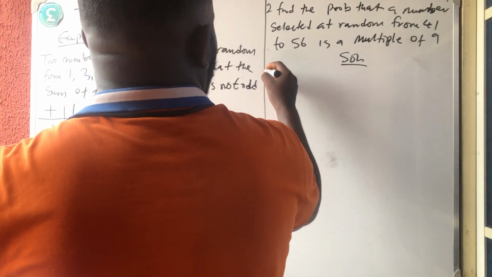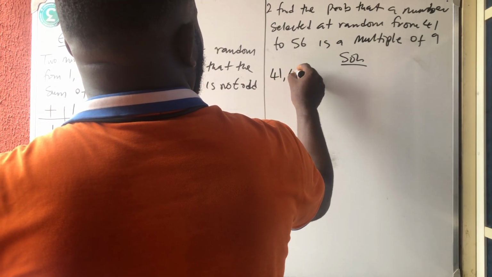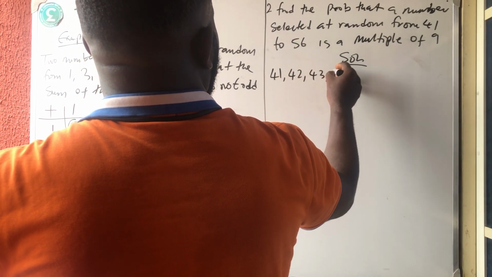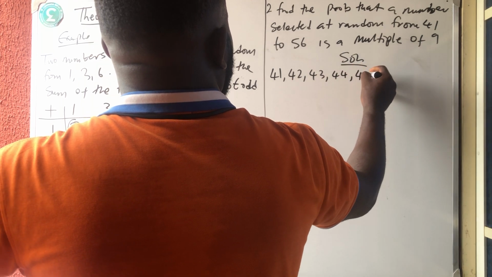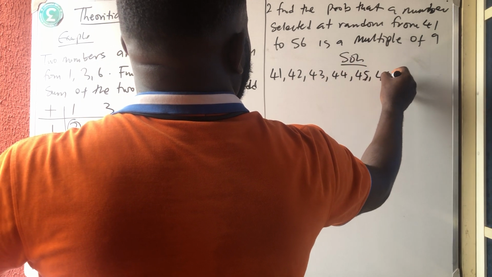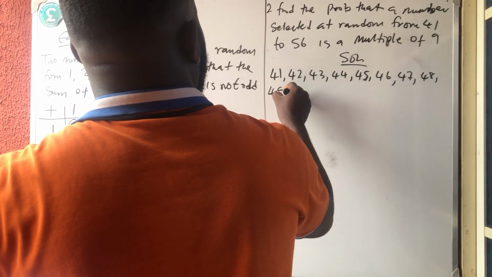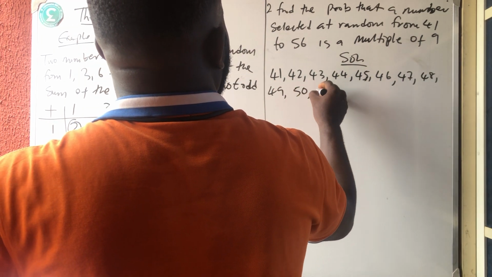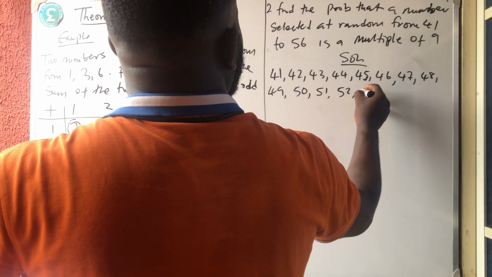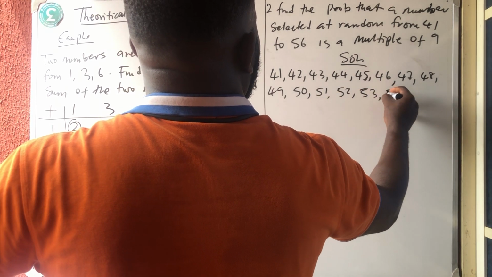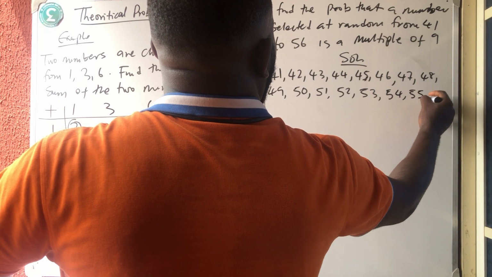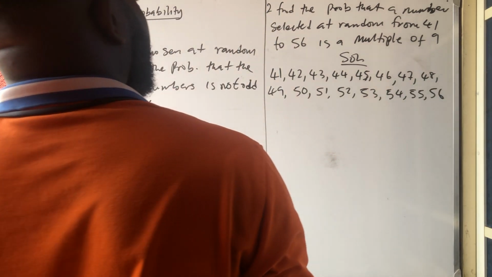Okay, so I have 41, 42, 43, 44, 45, 46, 47, 48, 49, 50, 51, 52, 53, 54, 55, 56.